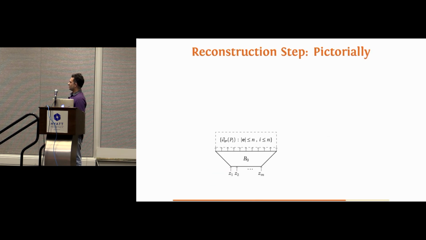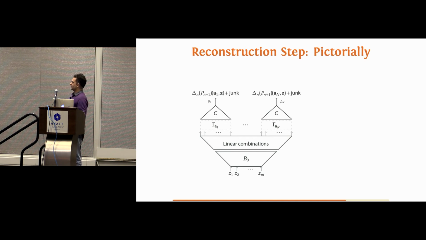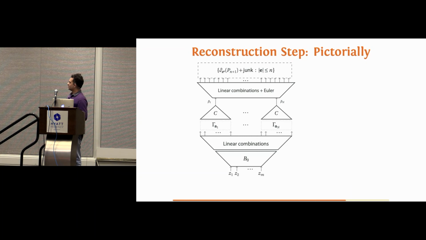So pictorially, this is roughly what it looks like. We'll assume that we have access to all homogeneous parts up to the point, compute a bunch of these deltas, plug in the fooling circuit C on top of all of them, and then do some interpolation-type thing. This will help us recover the derivative that we care about, except there will be this higher order junk that is involved, which we need to get rid of.